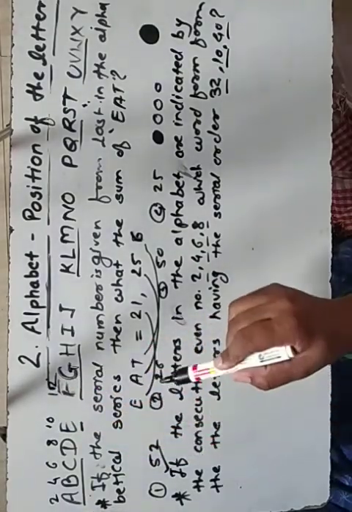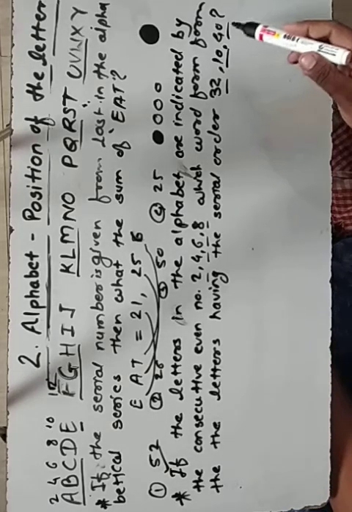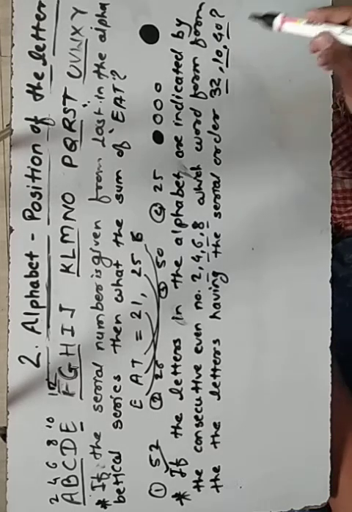In this way, if we give only even numbers to the alphabet, then which word is formed by these numbers 32, 10 and 40?